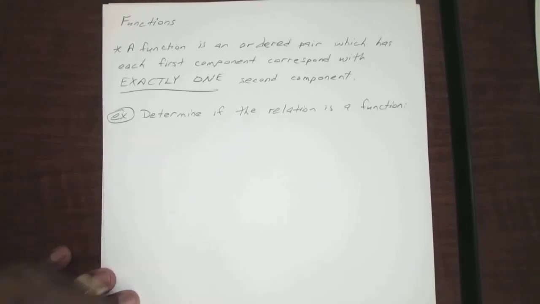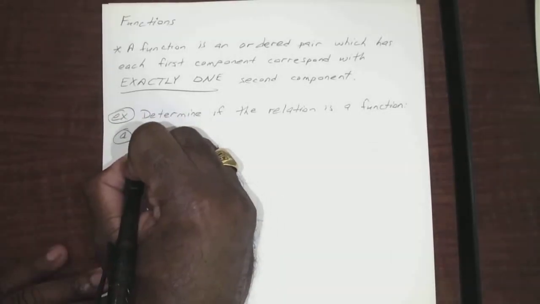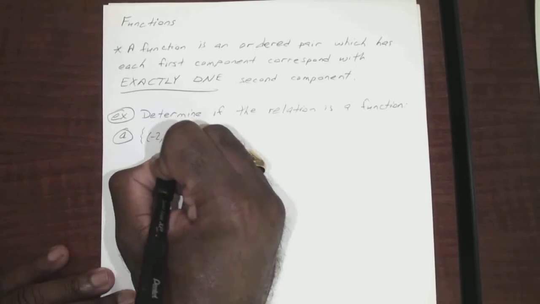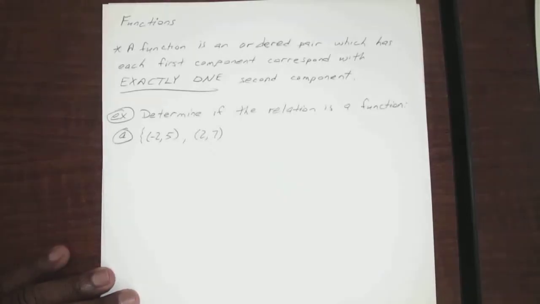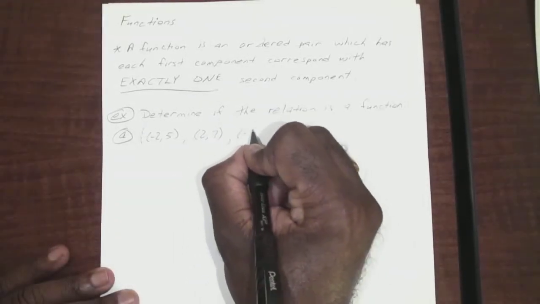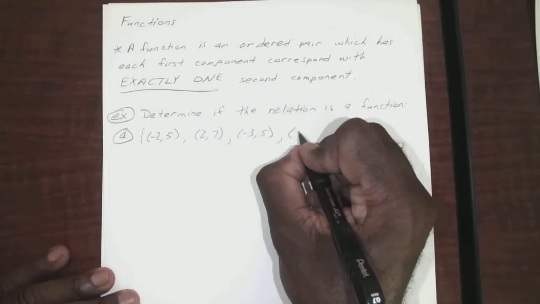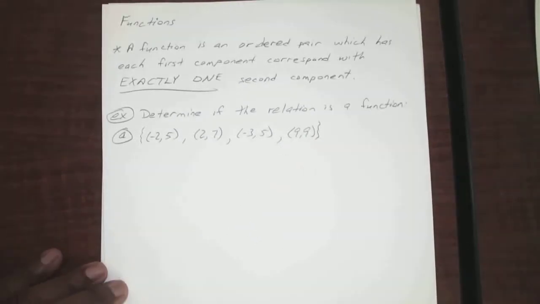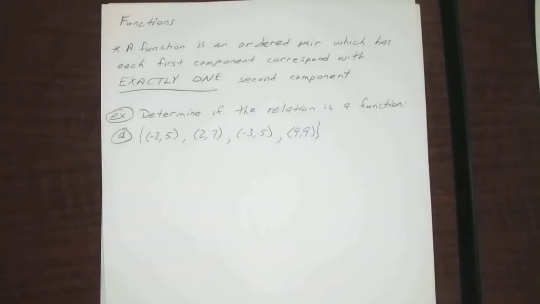Okay, so let's say for problem A, we have the set of ordered pairs (-2, 5), (2, 7), (-3, 5), and (9, 9).